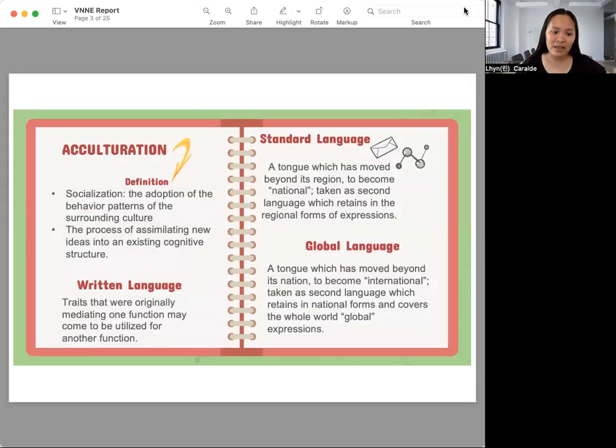Acculturation in socialization is the adoption of the behavior patterns of the surrounding culture. So we could adapt different behavior patterns from the surroundings, or from the cultures that we are surrounded by. This is also the process of assimilating new ideas into existing cognitive structure.